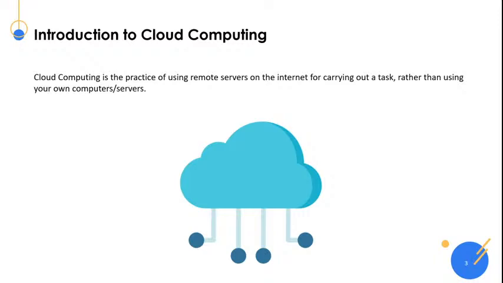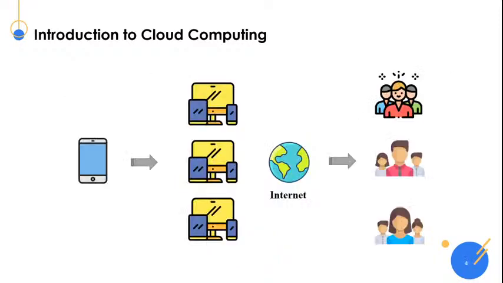Now, let's see how cloud computing came into the picture, right? Because before starting, we should know how it came into the picture. Now, again, imagine you are a developer, and you made an app or a website, and you want to make this available over the internet.